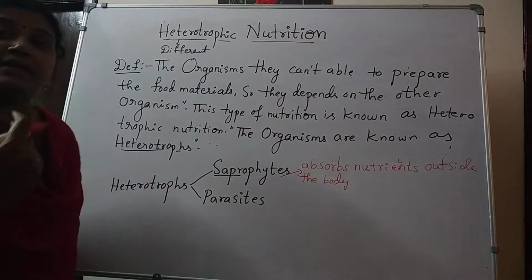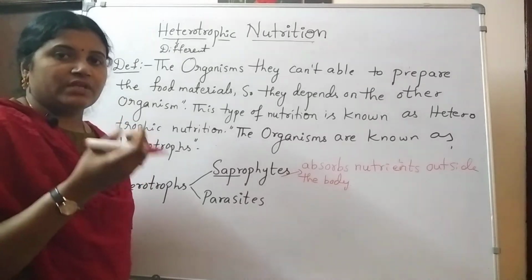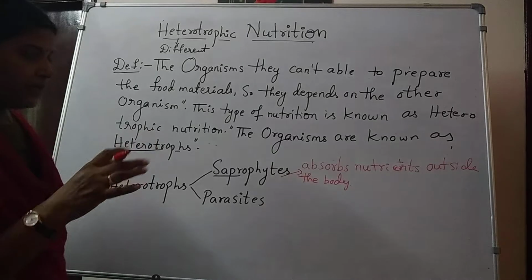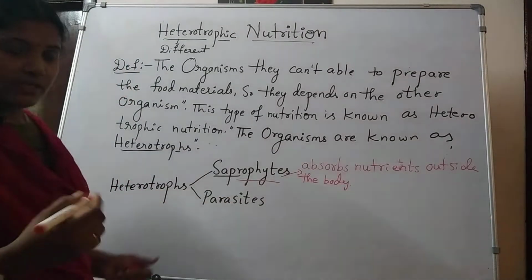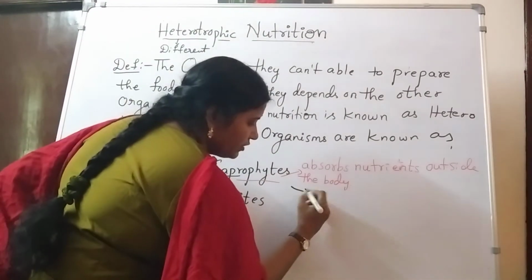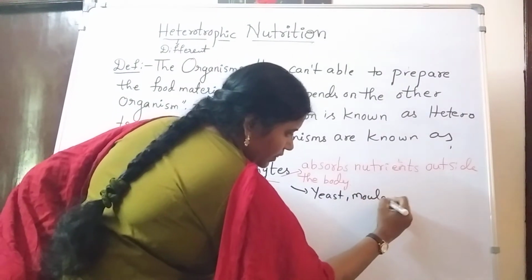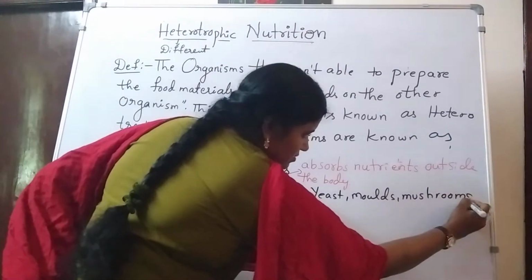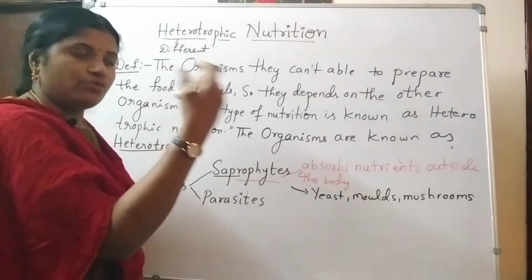That may be dead and decaying matter, rotten substances, rotten vegetables, on which they grow. That type of organisms are known as saprophytes. Examples of organisms which grow in waste materials are yeast, molds, mushrooms. These are some examples of saprophytes which absorb nutrients outside the body.